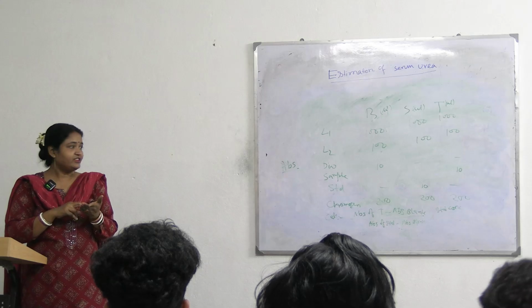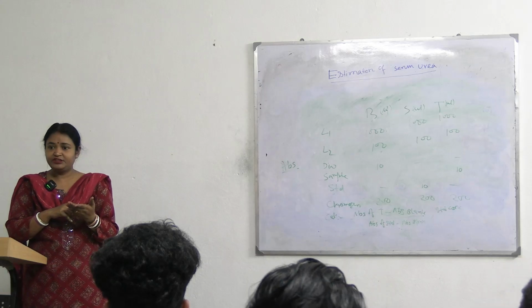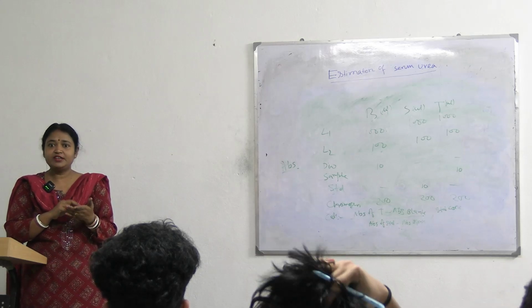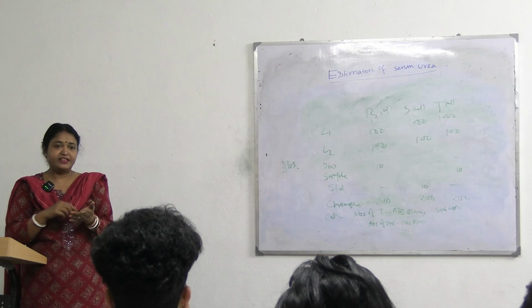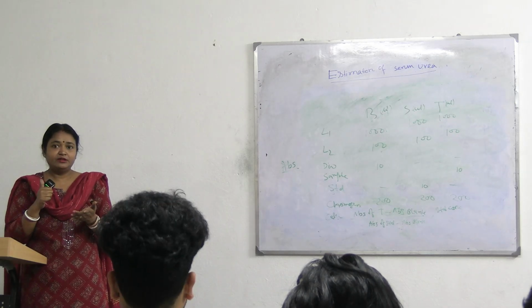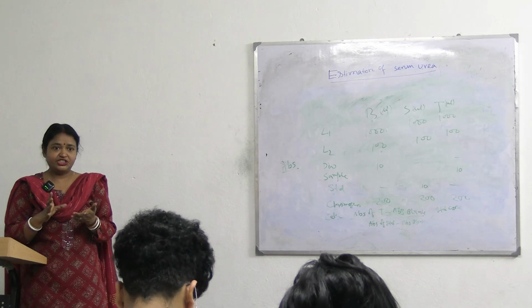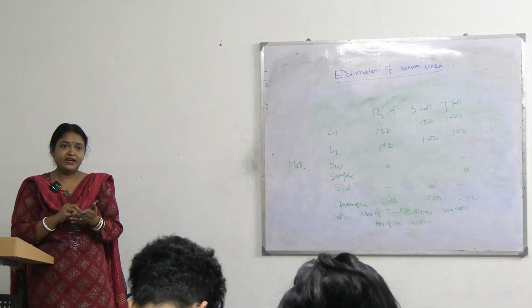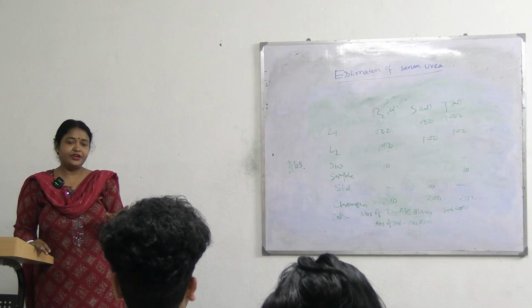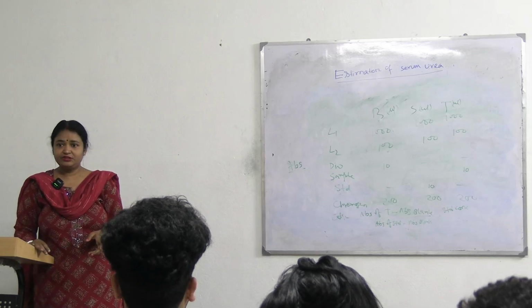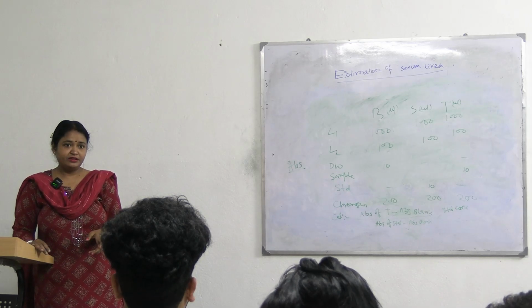You cannot say the absorbance is the concentration. This is the absorbance and this is the concentration. The final answer is the concentration. Anyhow, you have to tell that, it is a must. But if you mention absorbance, you have to know that absorbance is not the concentration. Don't write it, okay?